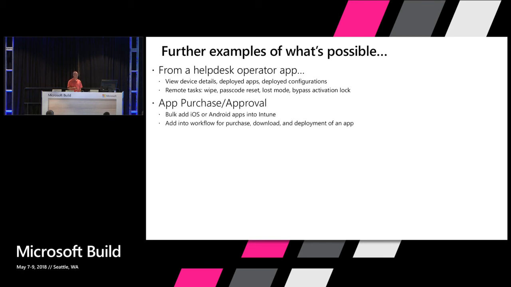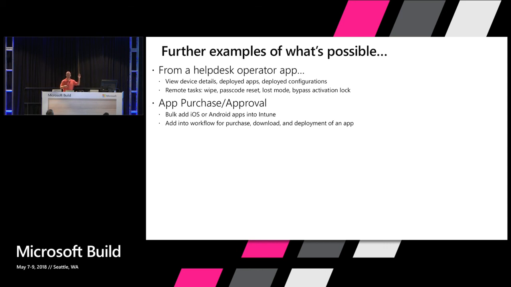When customers purchase and approve applications, we have no app approval or workflow in Intune for that. So if an end user requests some particular application, which may be a fairly expensive application, could be a Windows application that costs several hundred dollars, oftentimes that needs to go to a manager for approval and to the purchasing department. And all of that workflow really ends up wanting to loop back to the requester the deployment of the app.